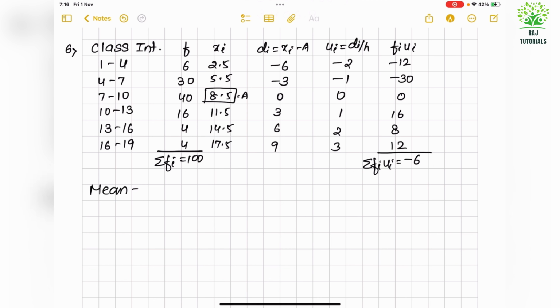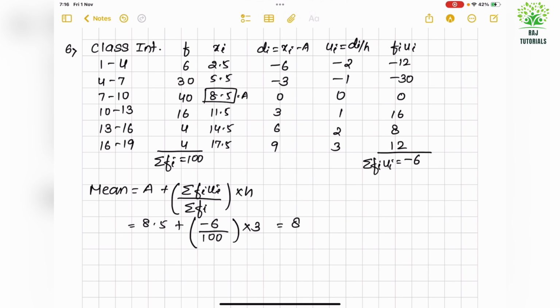So mean equal to a plus sigma fi ui upon sigma fi into h. So that is equal to 8.5 plus minus 6 upon 100 into 3.